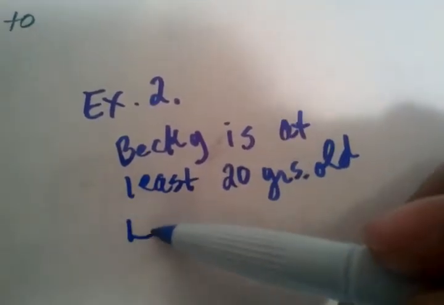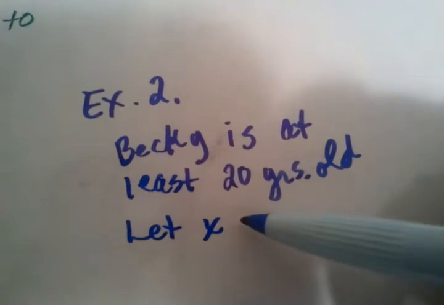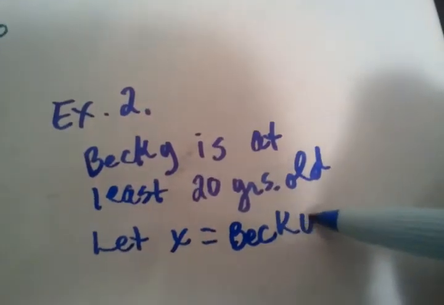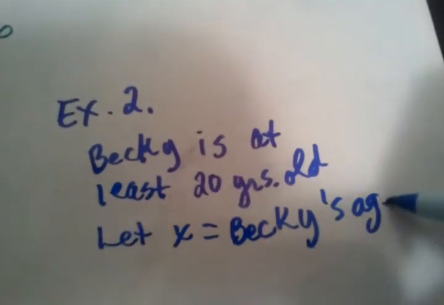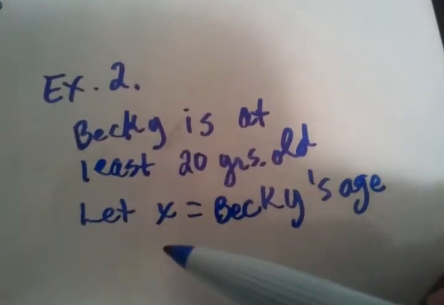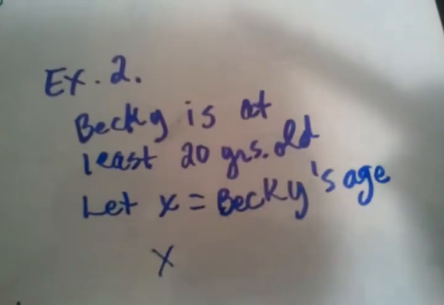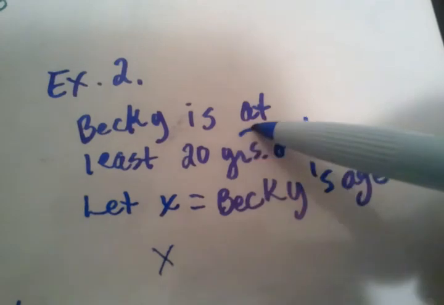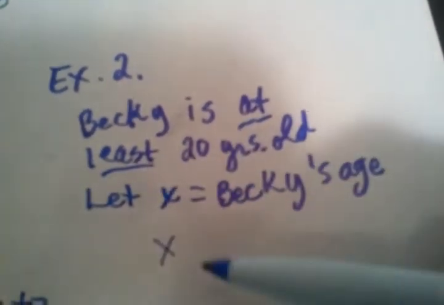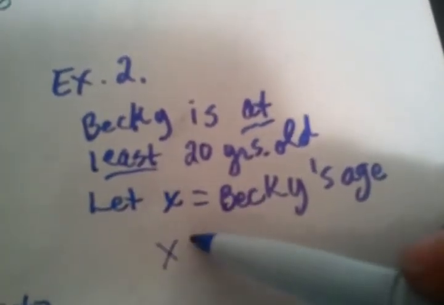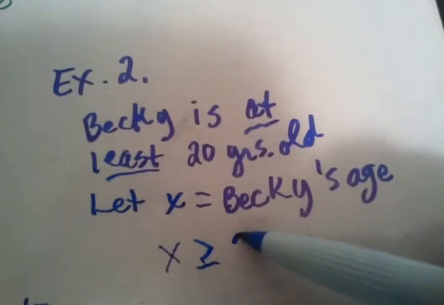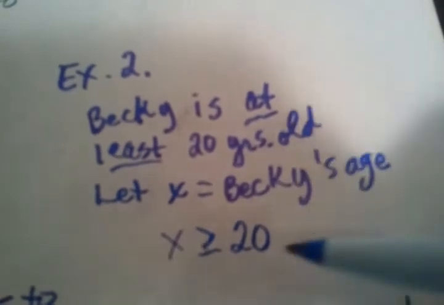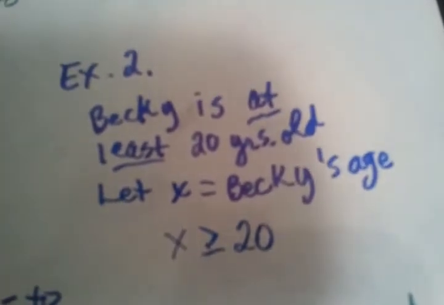So you want to let x equal Becky's age, not just Becky, but her age, because variables can only represent numbers. So x, and who remembers what I said at least would give us? At least. So at least would be greater than or equal to 20. So this is how you would define a variable and write it out.